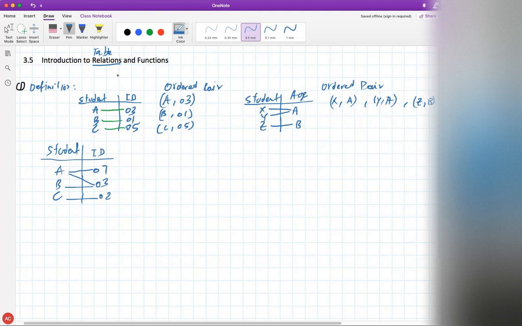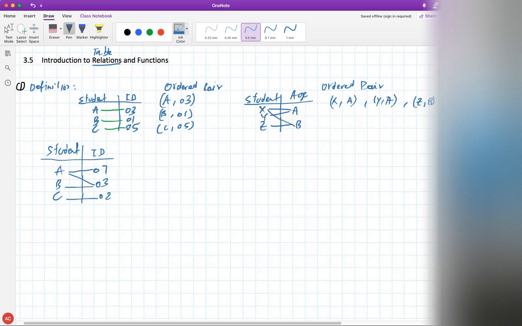This one is a function because each student has exactly one ID. This is also a function because each student here has exactly one age. This student also has exactly one thing, and so on. We may share one thing, but each student still has exactly one. You don't see a student here with two.